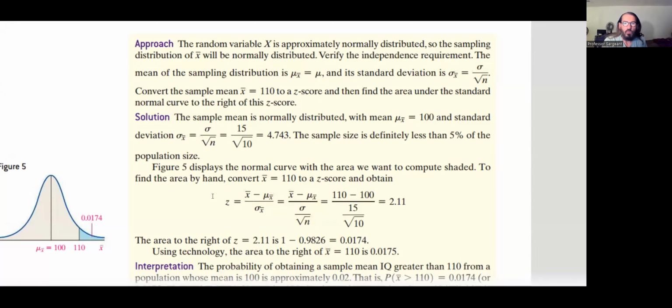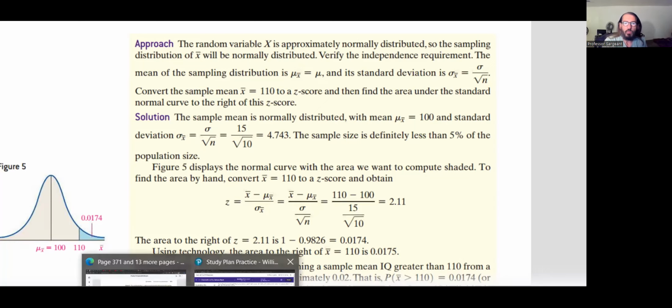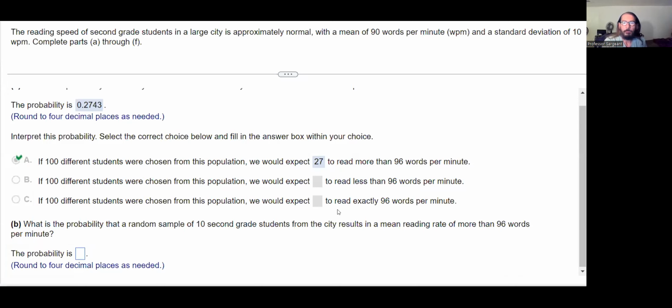But now, since we're talking about the sampling distribution of X bar, I'm going to have X bar minus mu, because mu of X bar is equal to the mu of the population, all over sigma divided by square root of n. You would want parentheses around the subtraction in the numerator and around the mini fraction in the denominator. That's going to change how we use the calculator.